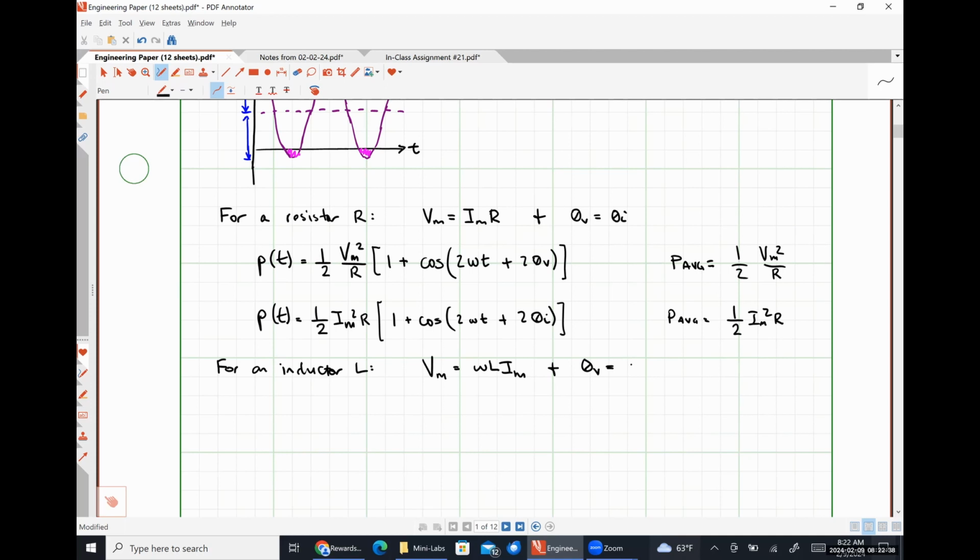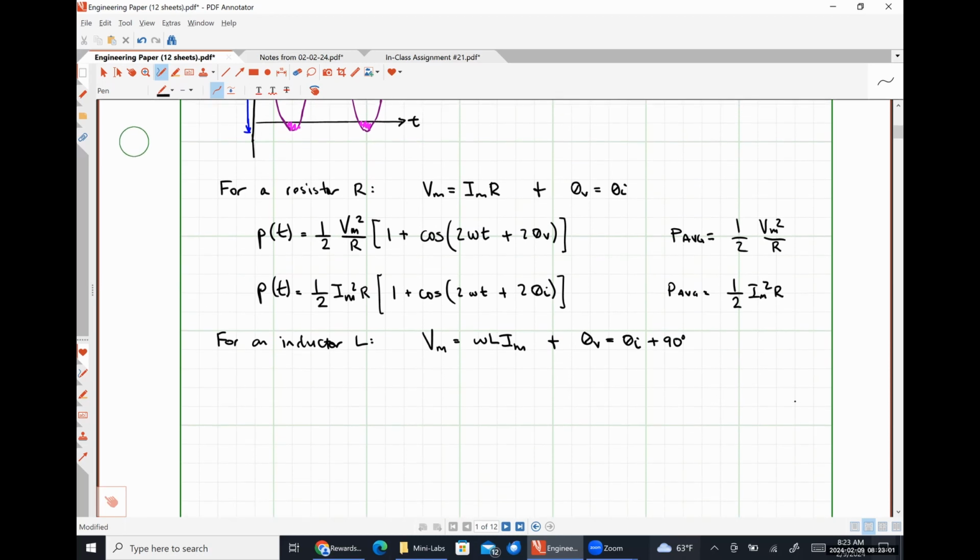So theta V should be equal to theta I plus 90 degrees. We discussed this previously, but in an inductor, the voltage always leads the current by 90 degrees, or conversely, the current lags the voltage by 90 degrees. That's what we have written right there.